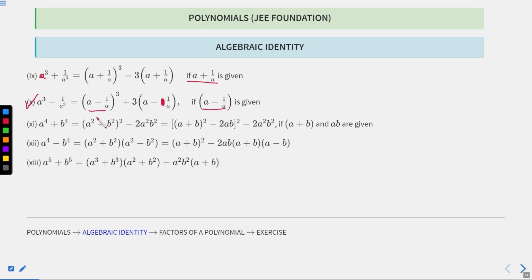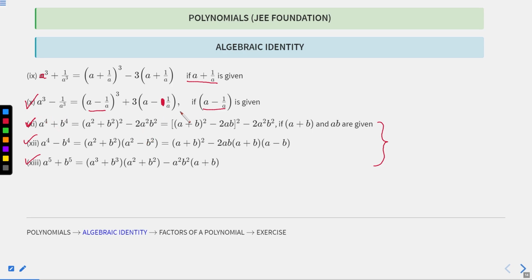Now for the 11th property, you see the 11th, the 12th, and the 13th property. These properties we will be using, but not so frequently. So I am not going to just read them out loud at you.